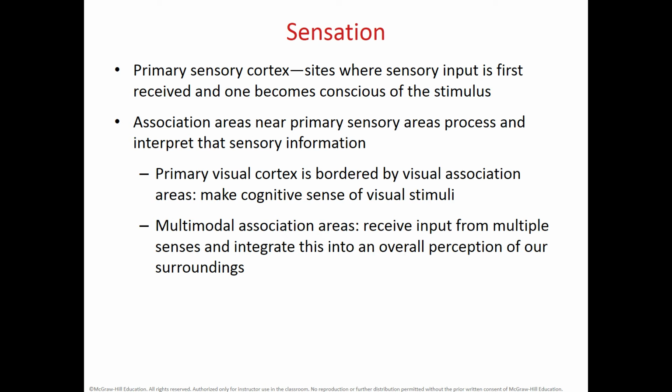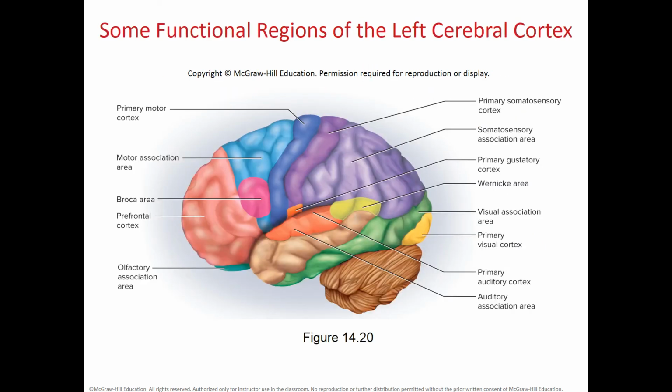Part of these association areas is the primary visual cortex within the occipital lobe that helps us make sense of visual stimuli. And we have multimodal association areas that integrate many perceptions of our surroundings, so we can make sense of what is going on.